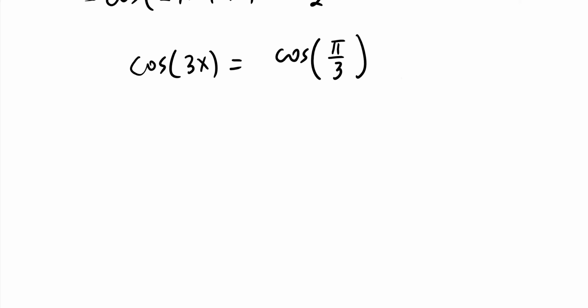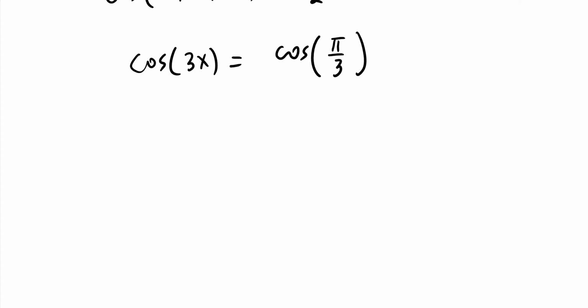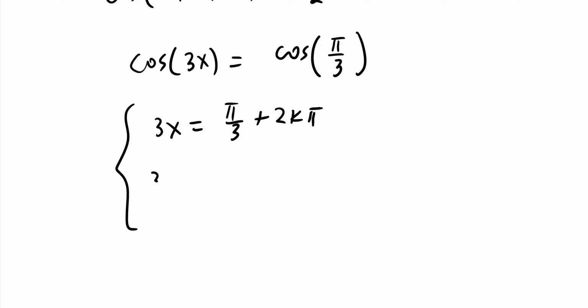Now I got an equation here that looks like cosine alpha equals cosine beta. We can use the formula I gave you before, that this equals that plus 2k pi, or this equals negative pi over 3 plus 2k pi. Always good to state that k is an integer.